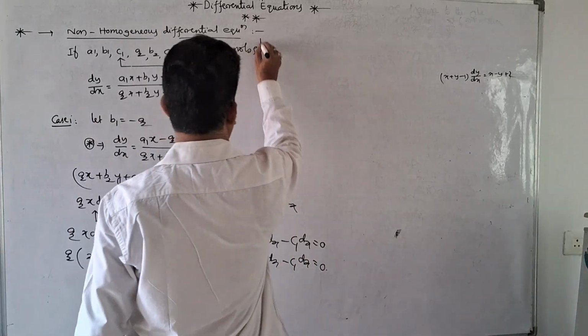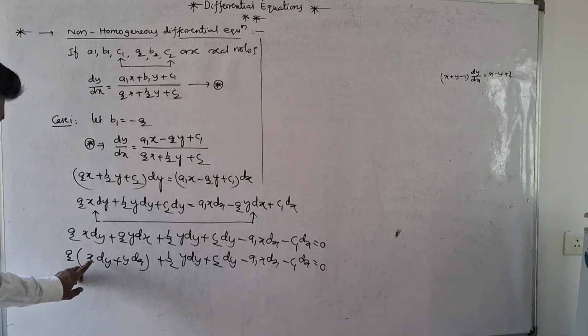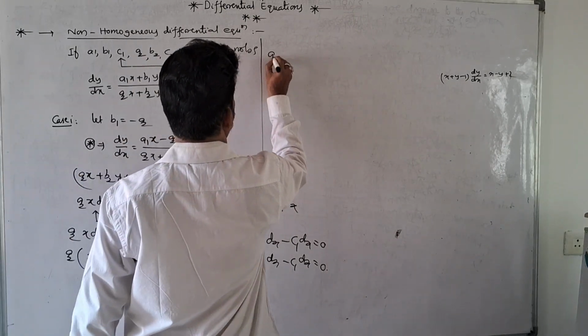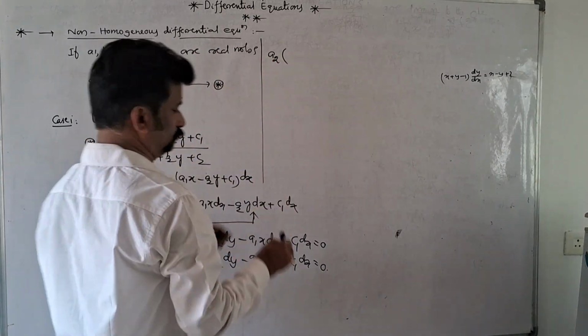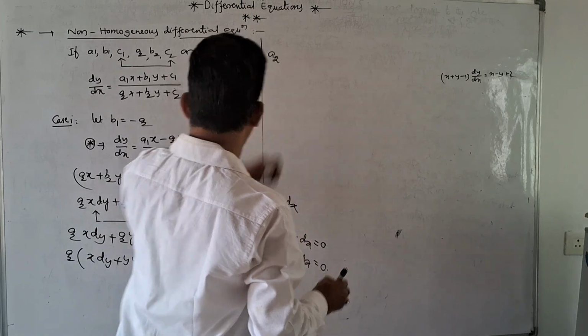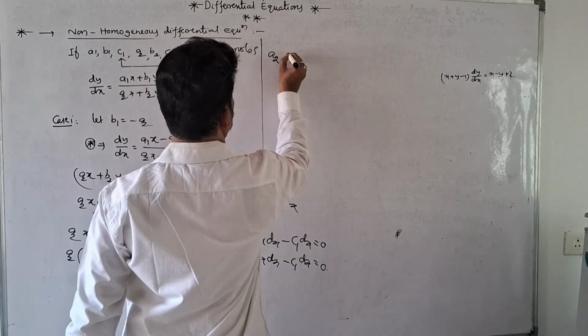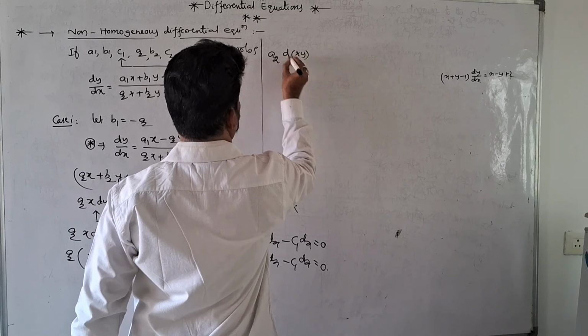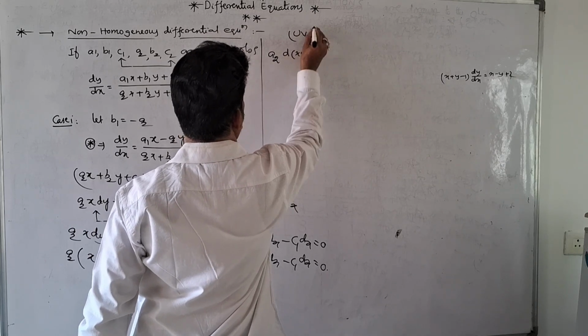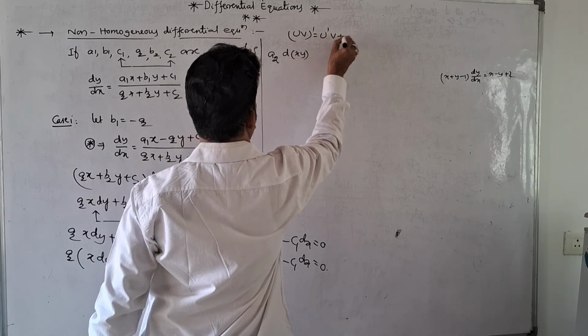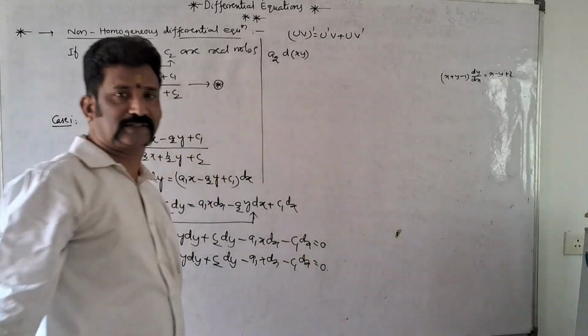So here, a2 into this one, x dy plus y dx, is equal to the derivative of xy. UV whole dash is equal to U dash into V plus U into V dash.